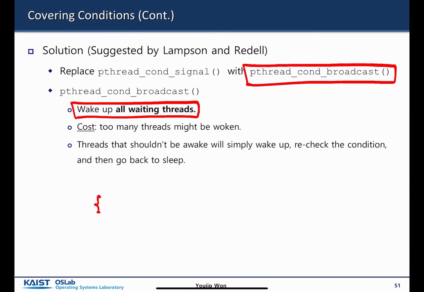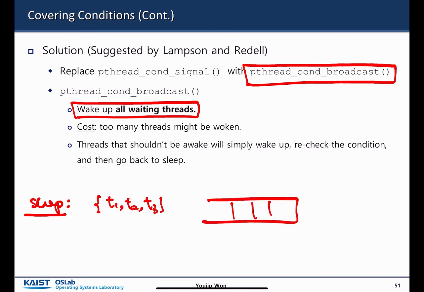So if there are three threads waiting in the sleep queue, and the caller calls pthread_cond_broadcast, then all 3 threads are put in the ready queue and wait to be executed.